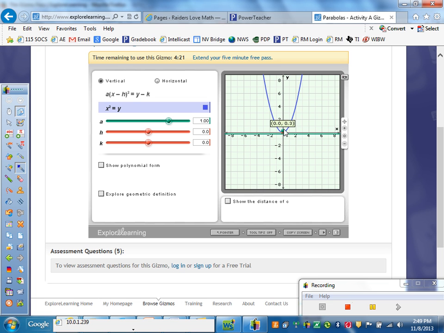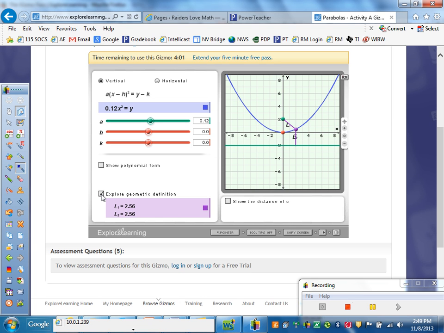Somewhat normal. But if I start to take the focus and move it farther away, it makes my parabola get wider and wider. So the closer the focus, the more narrow your parabola is going to be.